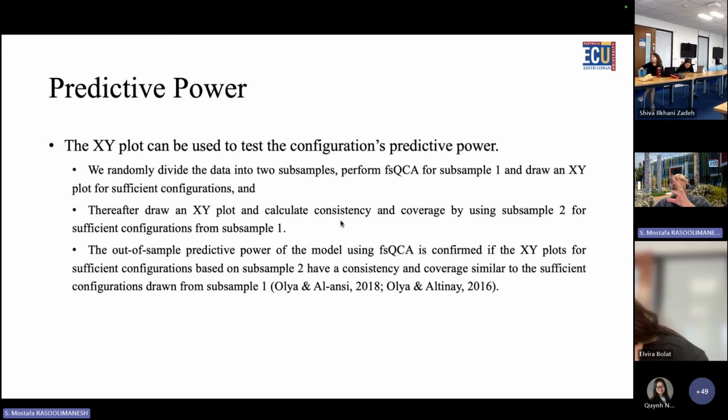So this is the way that we can calculate predictive power using an XY plot for fsQCA.